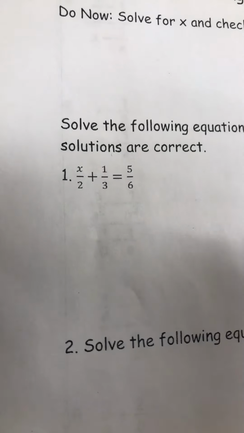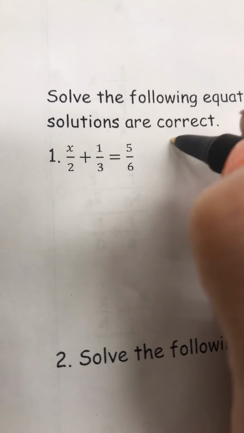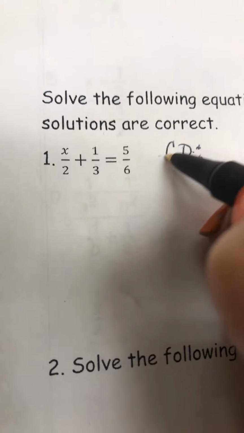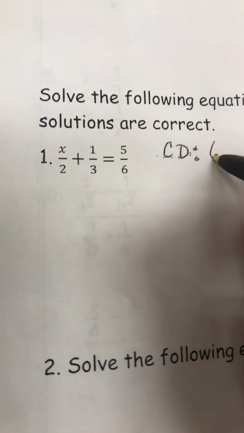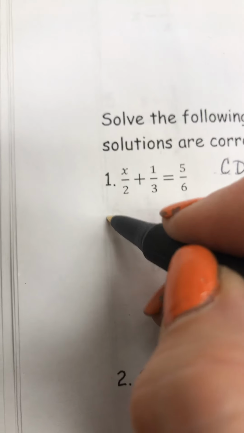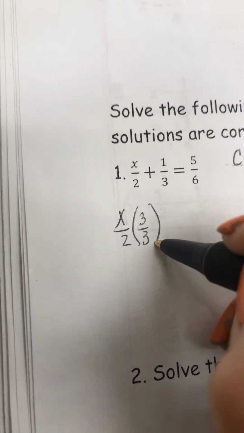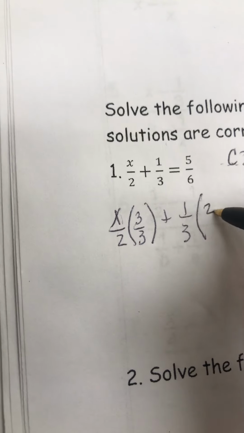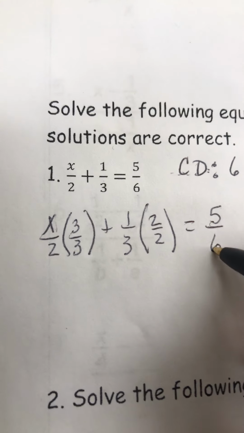So I'm going to teach it to you by multiplying everything to get a common denominator and then showing you what happens, okay? So we're going to start this just like we do as if this was all addition. What is my common denominator or least common denominator, least common multiple? Okay, it would be 6. So that means this x over 2 would need a 3 over 3, plus the 1/3 would need 2 over 2, and the 5 over 6 needs nothing.